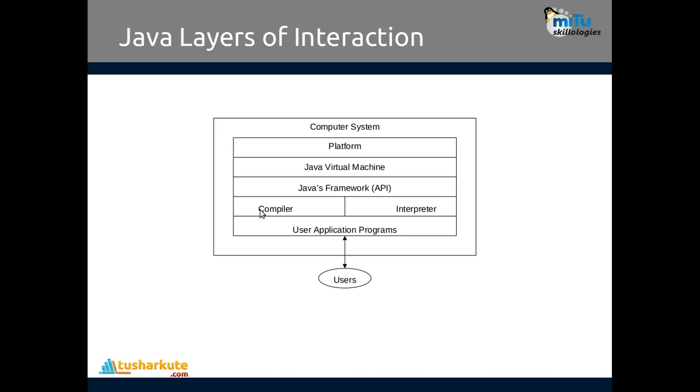Once it is created, the interpreter will execute this program with the help of the Java virtual machine on any kind of operating system. Platform means operating system. Whether you use Windows, Linux or any other OS, your program will get executed on your computer system. So these are the common layers of interaction that the Java programming language follows to write and execute the program on any kind of system.